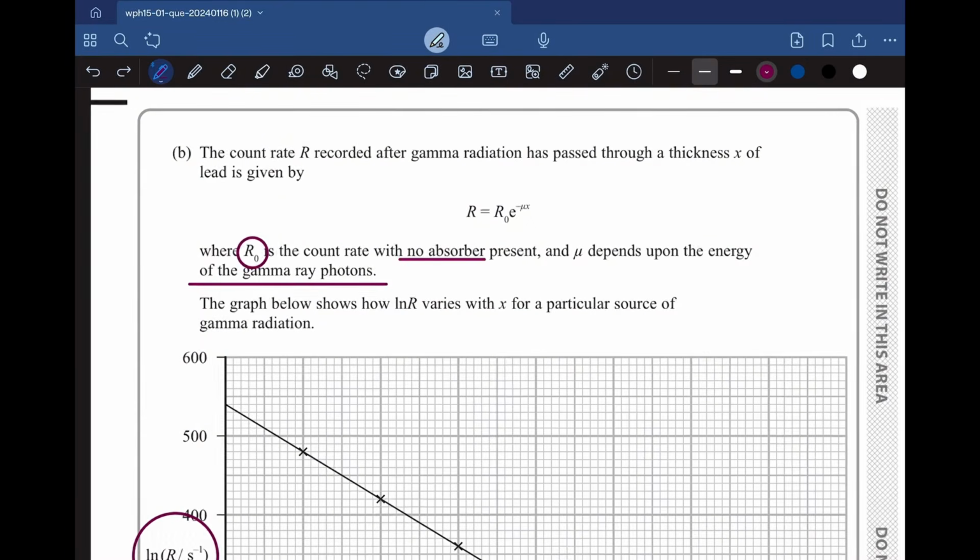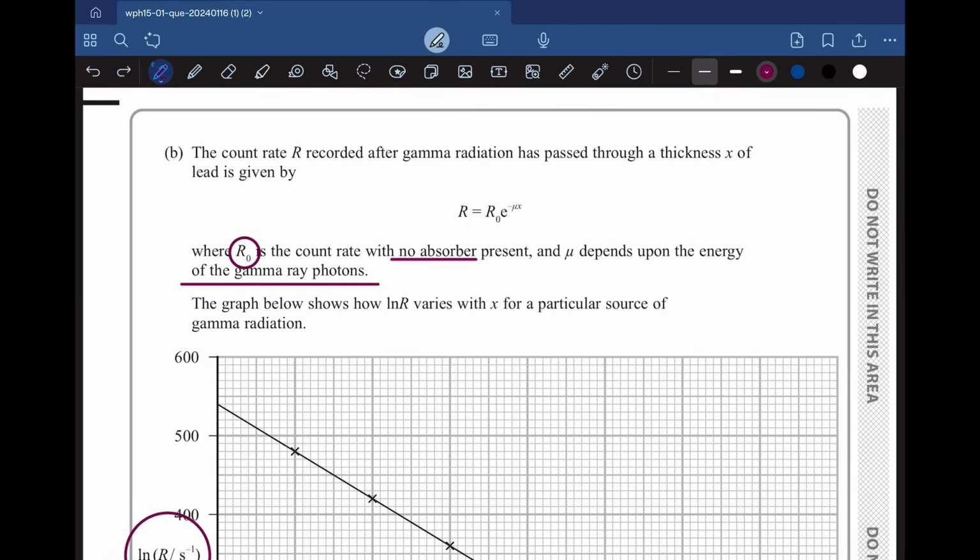And we know here the equation was r equals r naught e to the power of minus mu x. So x is right here, and another thing they have mentioned is ln r. We will have to learn this whole equation, the things that we have done in our physics unit 4, 5, even in unit 2 as well.